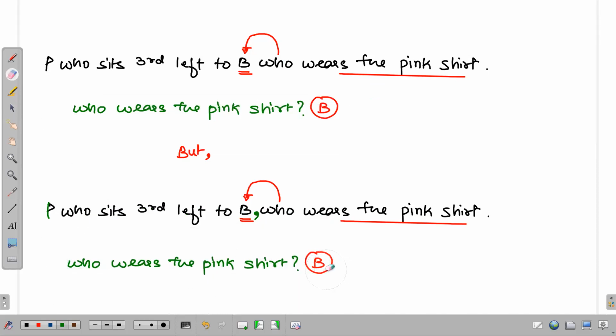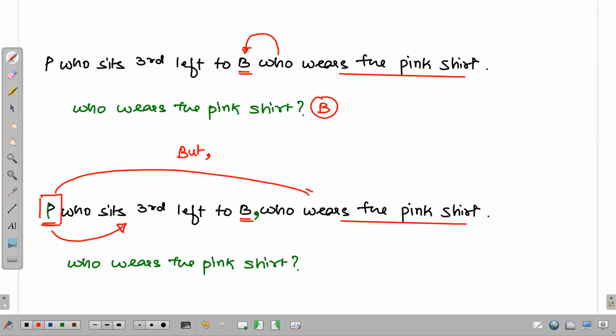How is this happening? Because of the comma. I'm sure that you know it, but who now doesn't refer to this one, because you're separating the clause. This is two pieces of information about P. P is the one who's sitting third to the left, and P is also the one who is wearing the shirt. So this is also the importance of the relative pronoun.